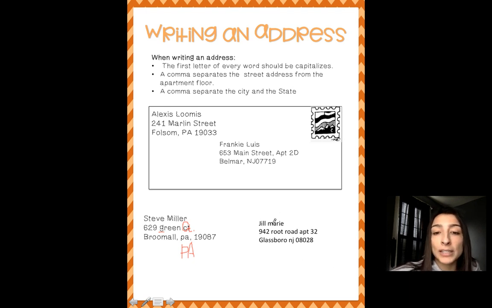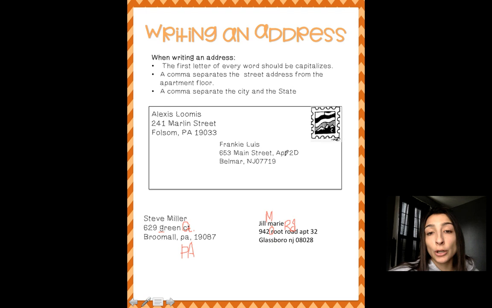So looking at this one, we see Jill Marie. Marie is a name, so that will need a capital M. 942 Root Road, apartment 32. We know that Root needs a capital R. You could leave the word Road or you can abbreviate it to Rd, but that needs a capital R. If you do Rd, you need a period at the end.